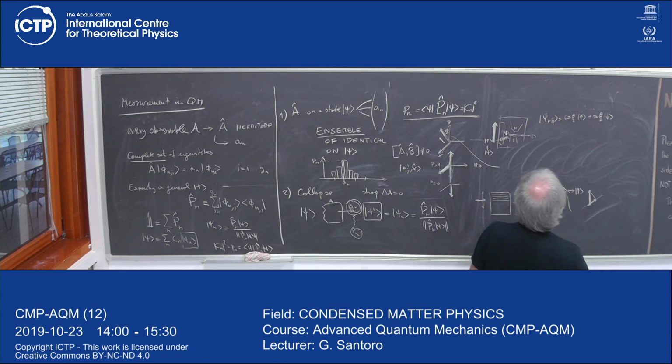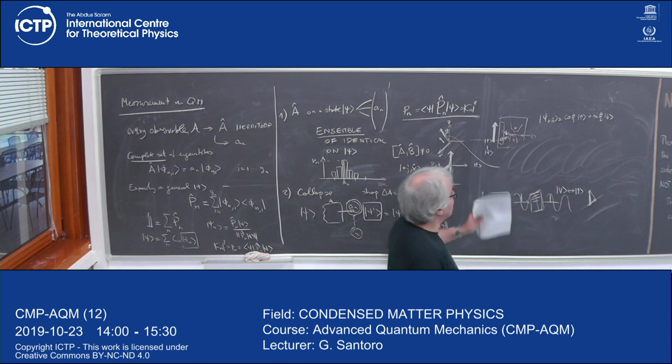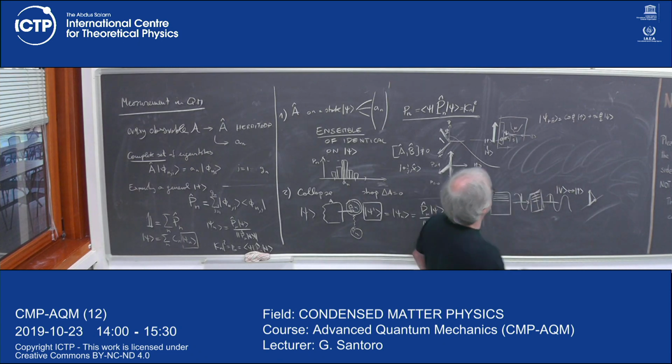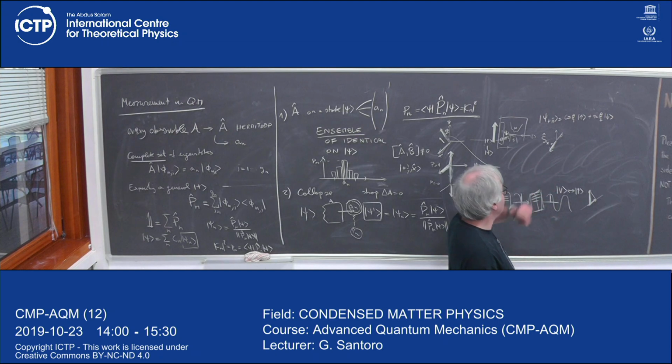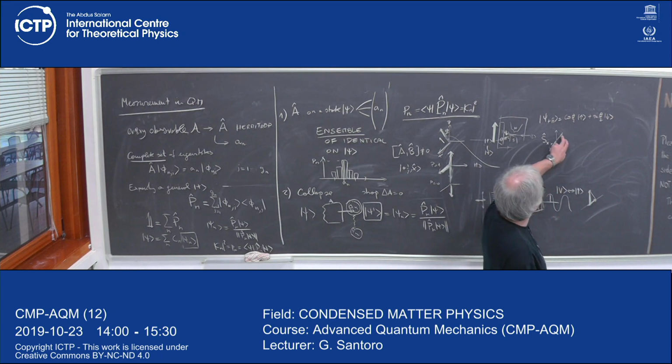Now I can ask you to measure Sx. To measure it, obviously you install a new Stern-Gerlach apparatus along the x. Obviously you will get the spin here or there, so you better have two holes. So you can measure spin either there or there with a certain probability.